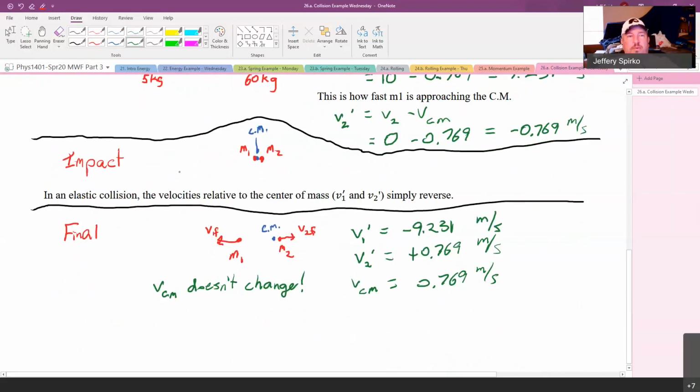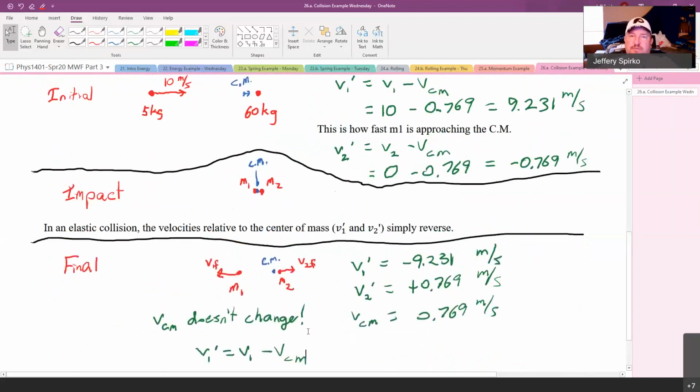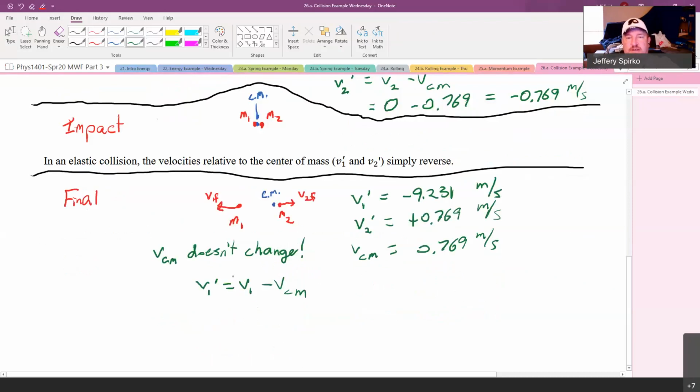So now we can reconstruct V1 prime equals V1 minus V center of mass. That's our definition equation for how to calculate the primed velocity: we take the unprimed velocity and subtract the center of mass velocity. So now we're after the collision. Instead of knowing V1, we know V1 prime.